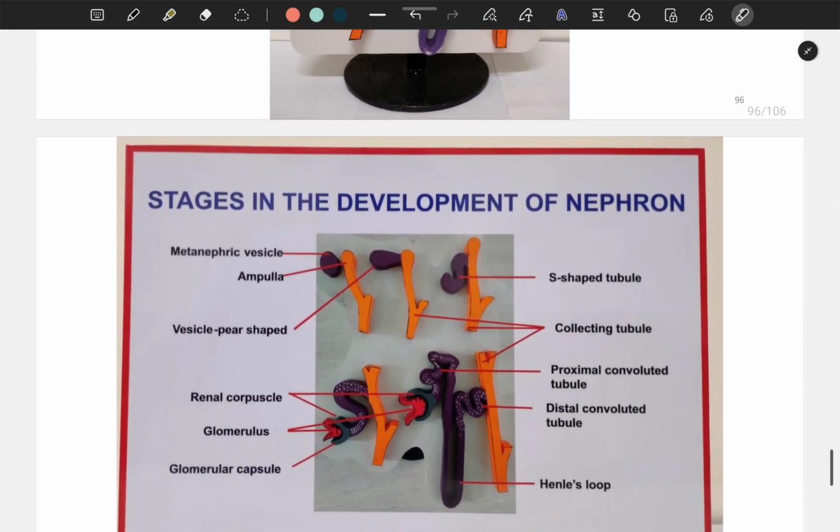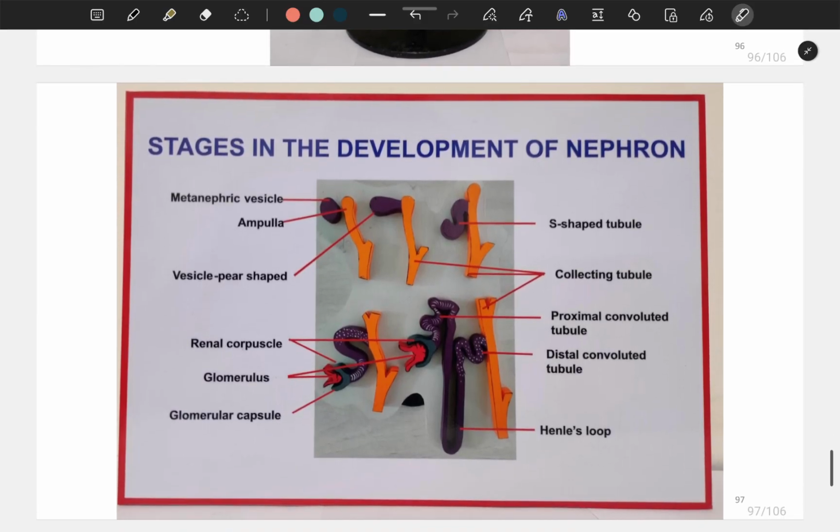Now coming to the stages in the development of the nephron. Here you can see this is called the ampulla. This is the metanephric vesicle. Here you can see the metanephric blastema, as we saw above, will get differentiated.